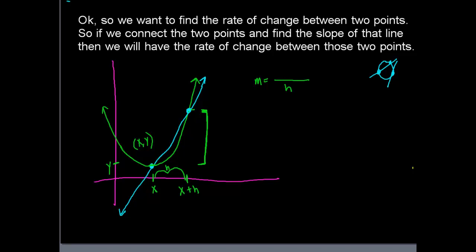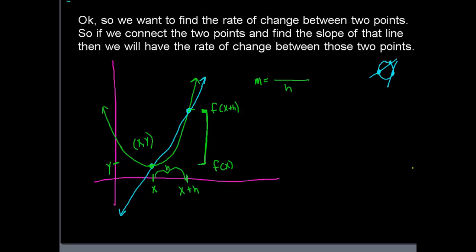Well, this vertical distance was y, and another way of saying y is f of x. So this point right here is x comma f of x, because y is just another way of saying f of x. This point right here would have a height of f of x plus h, because here was x, so its corresponding y would be f of x.